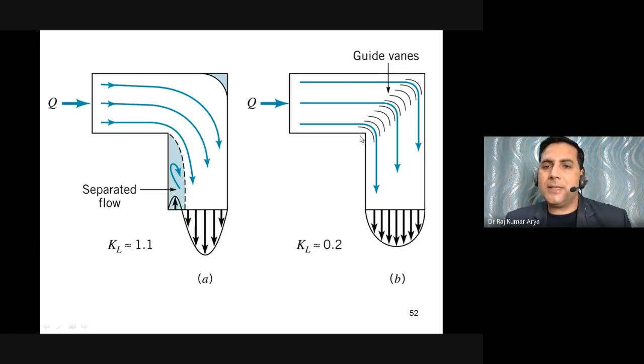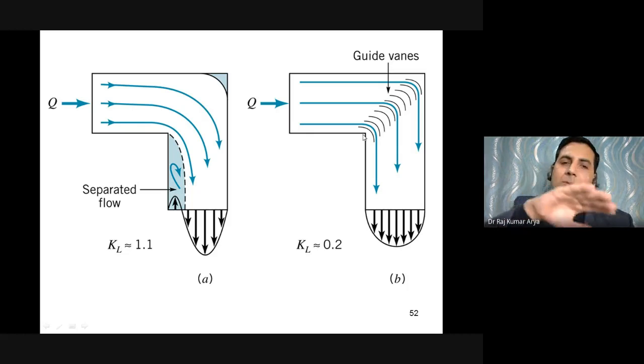Now you see in this particular case, the design is the same. The only thing is that in between, you have put a sharp curve plate. These are the sharp curve plates here, so that you are defining the direction of the flow. Now here you have just changed the direction, a smooth change.